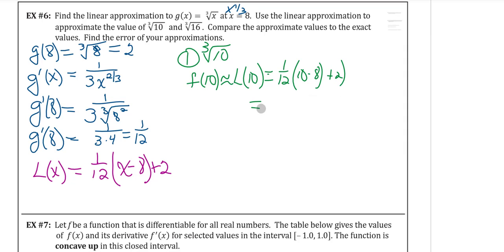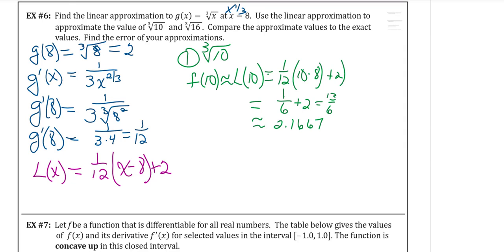So that's 1/12 of 2, which is 1/6, plus 2. That equals 13 over 6, which is approximately equal to 2.1667.